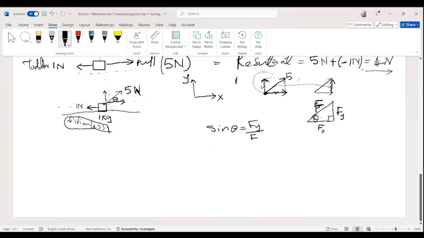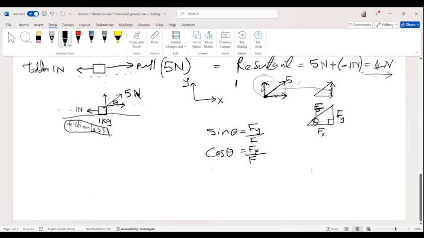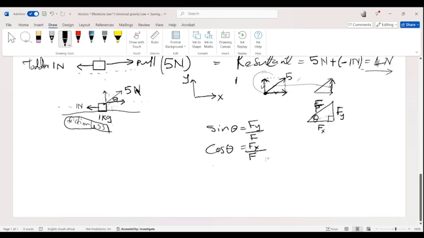And do you also agree, because sine of theta is given by opposite over hypotenuse, and then the cos of theta will be given by Fx divided by F. I think you will agree with me.